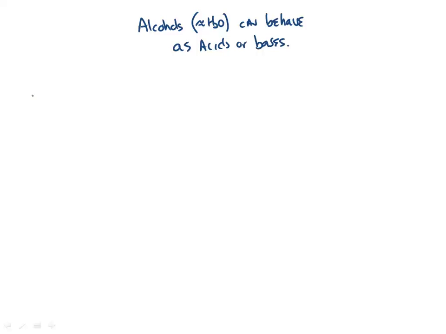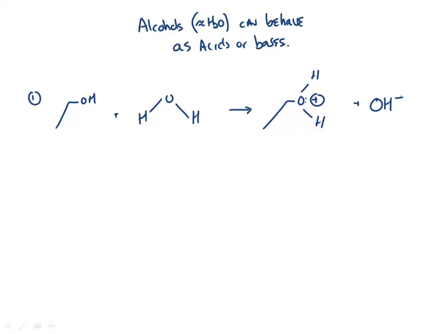So here, if I take a look at it, here's my alcohol. And if I react it with water, then I can get an alcohol that's got 2 H's on it and a plus charge, plus an OH minus ion. And the idea is that this lone pair of electrons attracts the partial positive charge on the hydrogen of a water molecule.